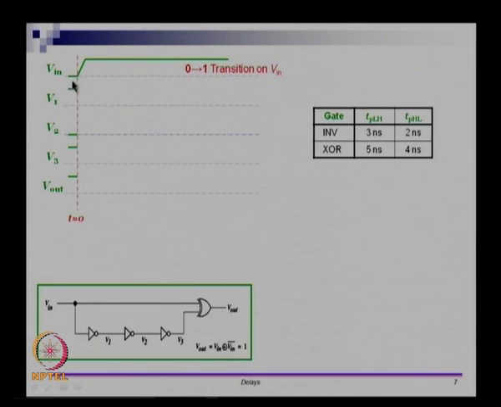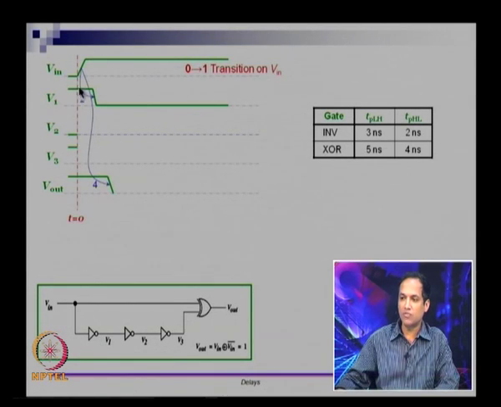So if I give a 0 to 1 transition, V in is directly connected to V1 and this XOR gate, right. So at a delay of 2 units, I can expect V1 to change, since V in is changing from 0 to 1, from 1 to 0.